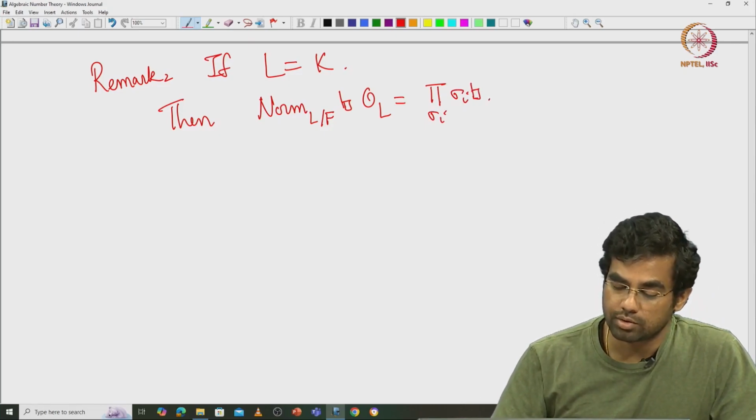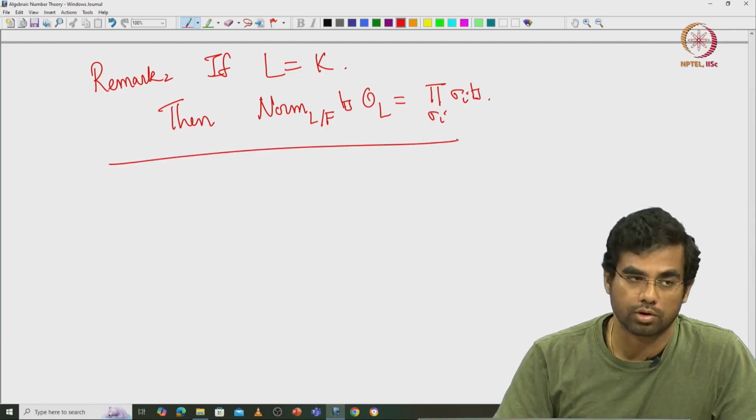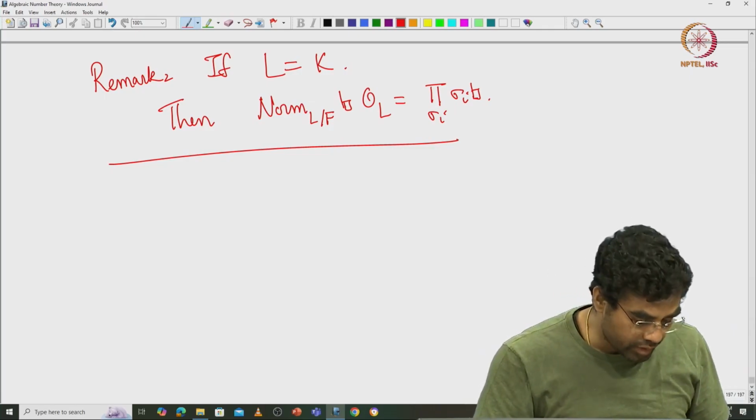So this has a very similar flavor to what we know for norms of elements. So how do we prove this?